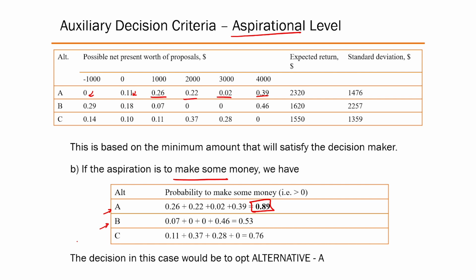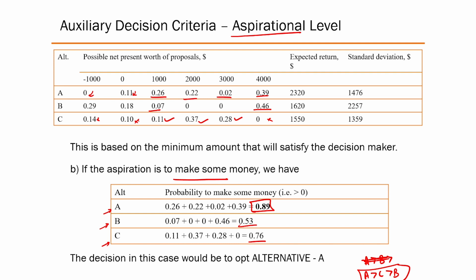Similarly for B, that is 0.07 and 0.46, so 0.53. Alright, and for C, this goes away, so that becomes 0.76. So with this, you choose A greater than C, greater than B.